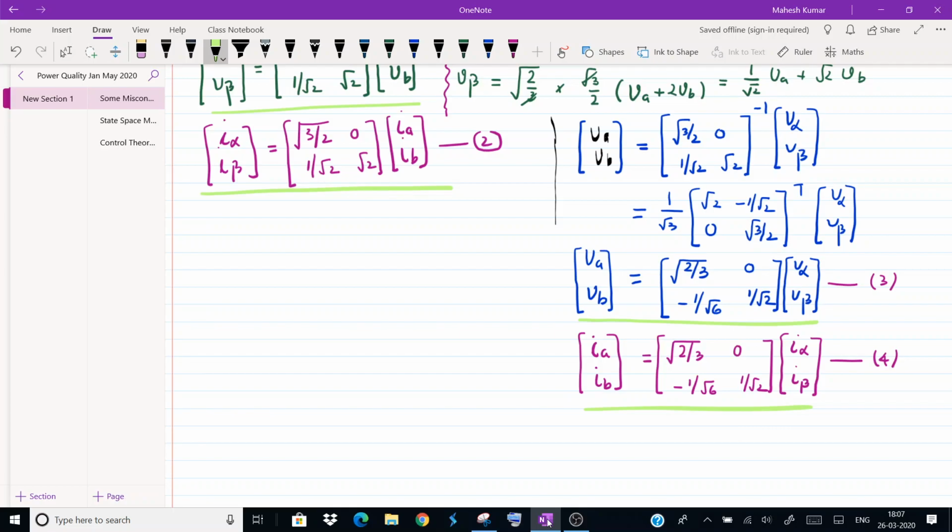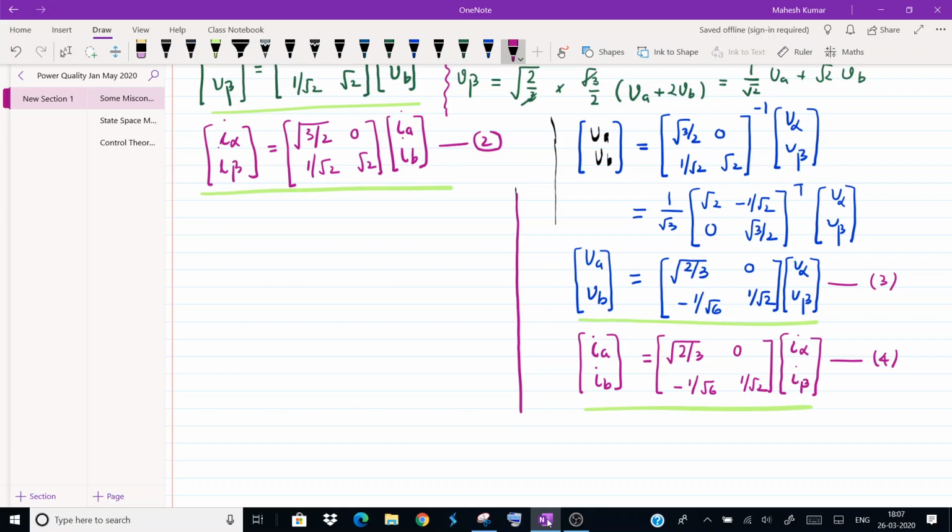Now, let us come back to power. In power, you have to define the power in alpha beta components. As you know, earlier we have defined the instantaneous active and reactive powers in terms of the alpha and beta components.